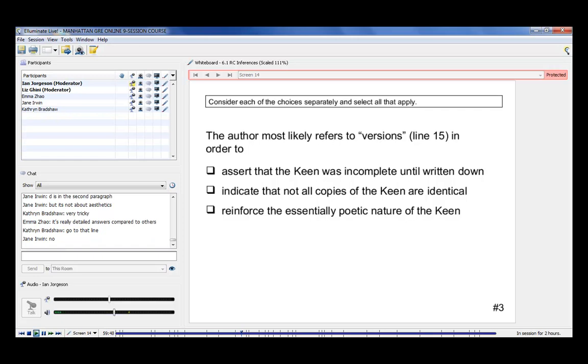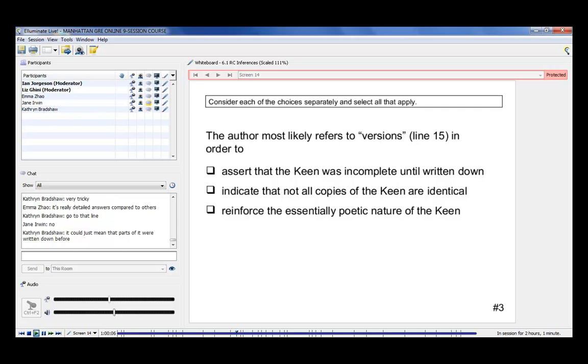Why not, Jane? Didn't they say complete versions were not written down until years later? Maybe, yeah. Can something be complete even if it's not completely written down?